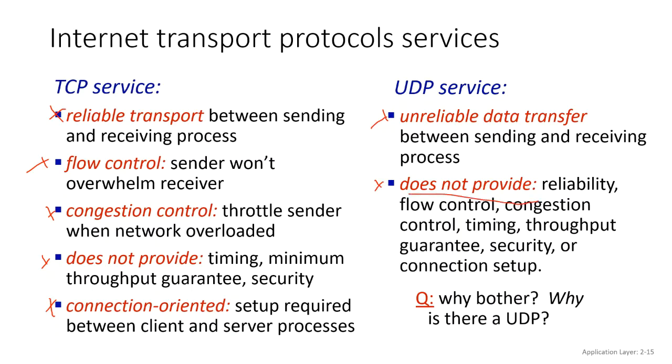It's not reliable. It doesn't have flow control. It doesn't have anything. But then why do we need UDP? Sometimes it could be important. Sometimes we don't need to make sure that the data has arrived well, like in real-time communication in video, right? So that's one example.